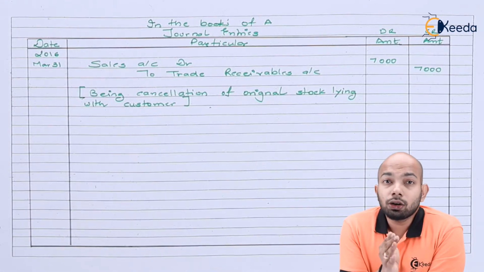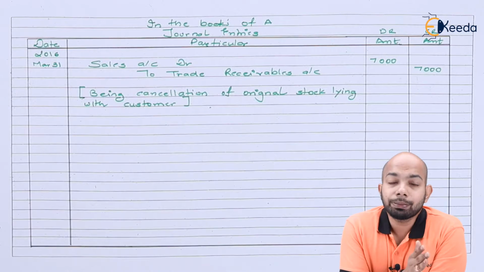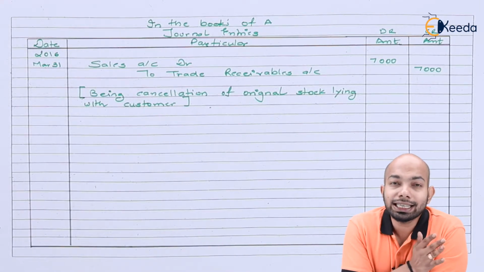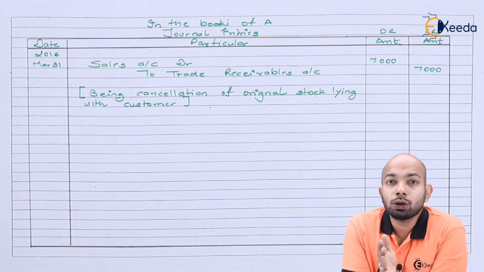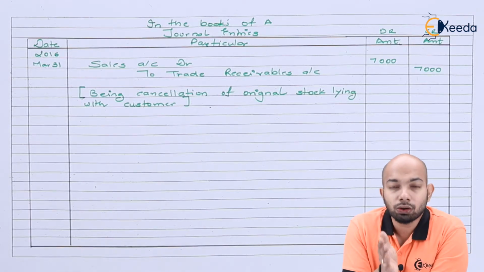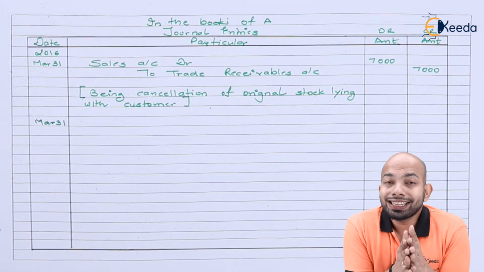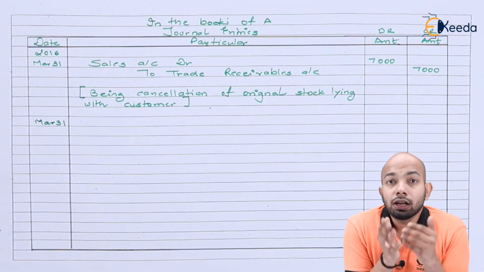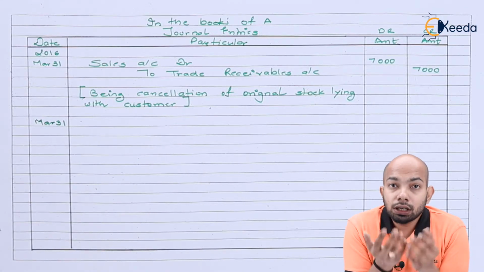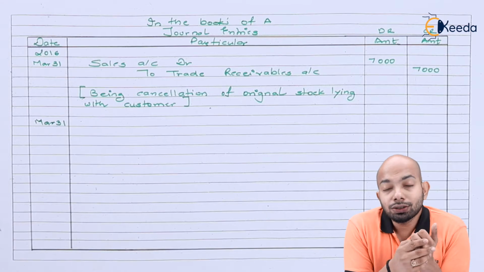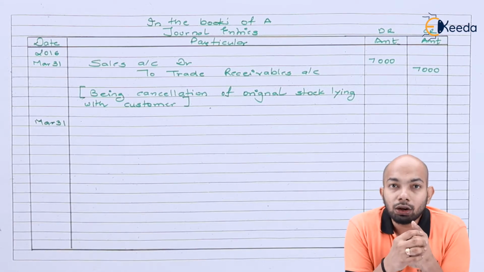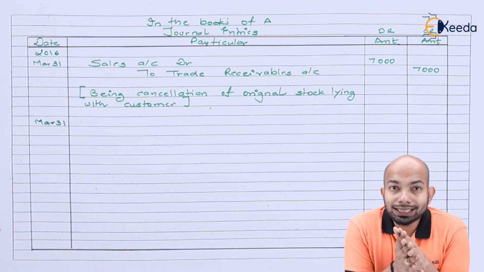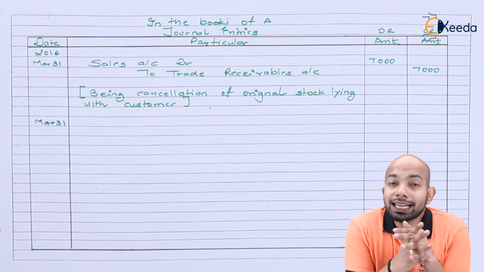Now, out of this 7,000, Mr. X had already accepted it, or sent his acceptance. So that means 4,000 has been already taken care of. The balance 3,000 has to be taken care of or cancelled out. So let's figure it out. Now that the first thing has been mentioned, that means 7,000 is the worth of stock that the customer has. But what is the exact value of it is supposed to be mentioned here. So that is what we'll be mentioning right now. If you understand, this was sent at 25% over the cost price. So let's figure out what will be the exact cost price.